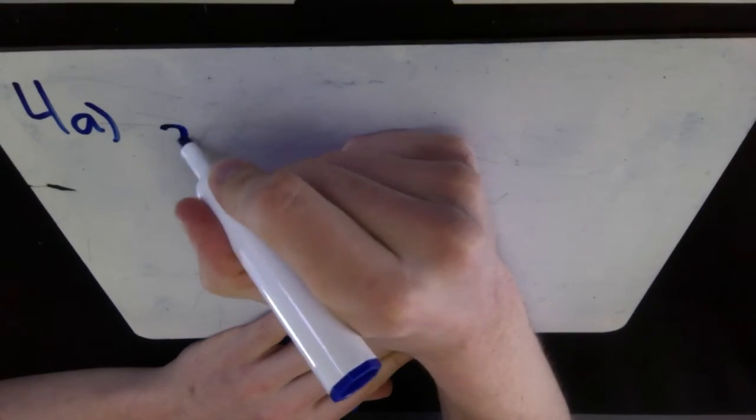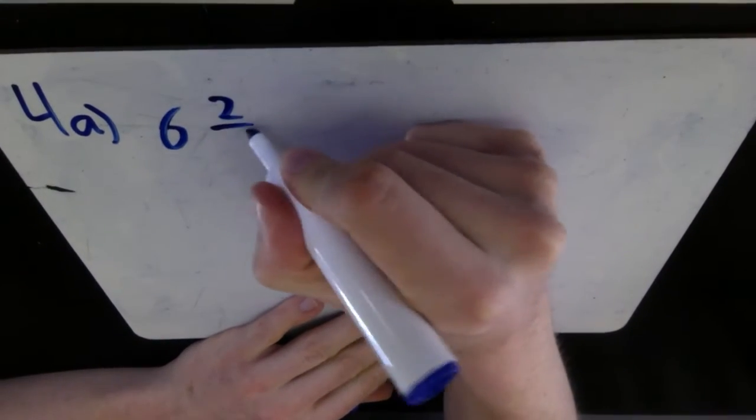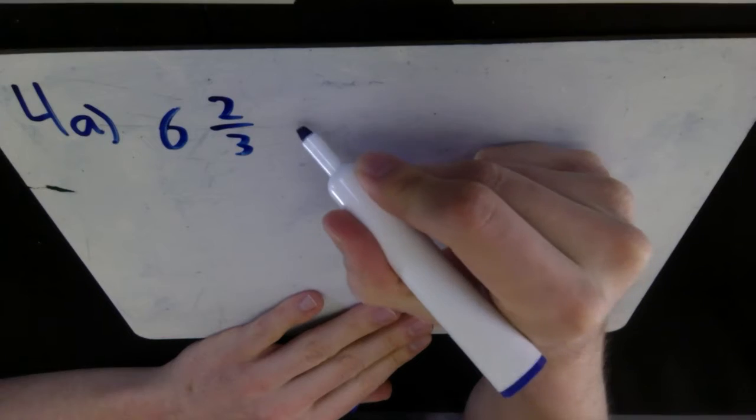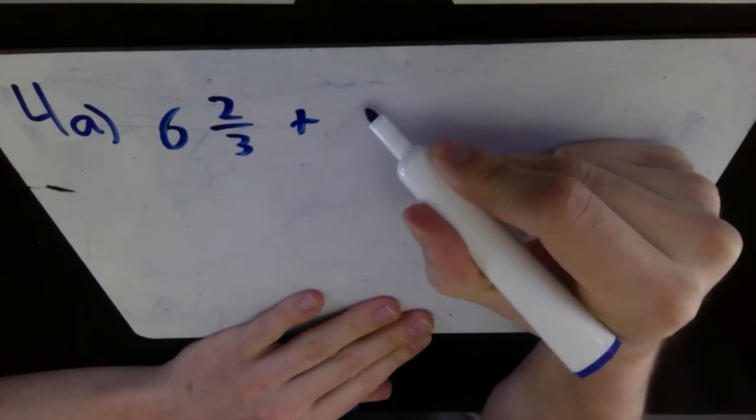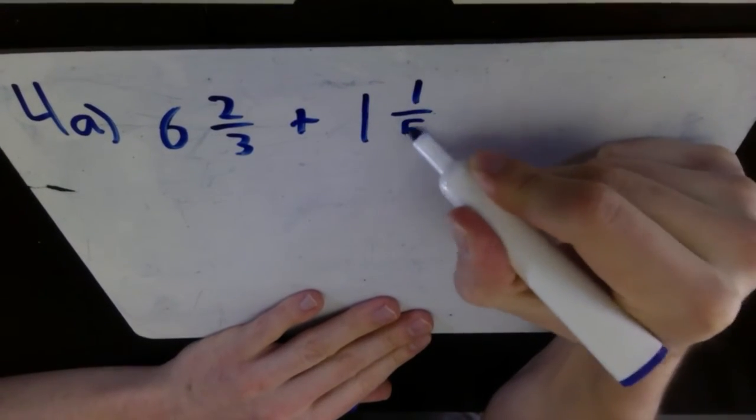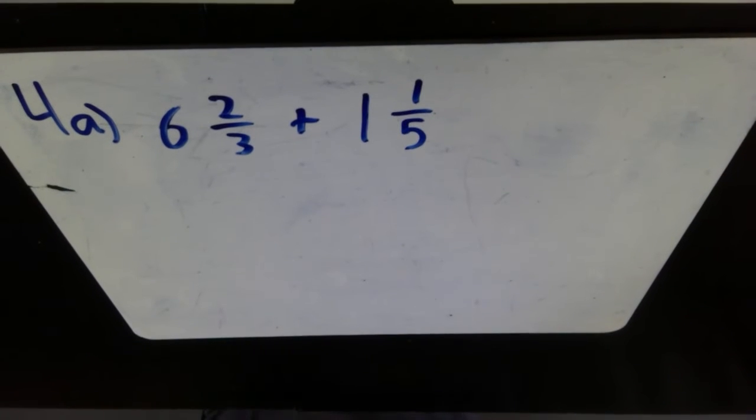So starting off with our question 4A, we have 6 and 2/3 plus 1 and 1/5. Like we talked on Wednesday, there's kind of two different ways to do these questions.